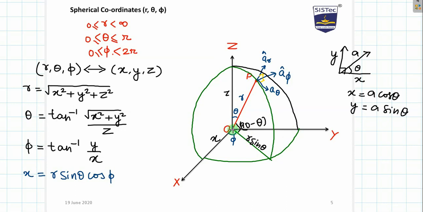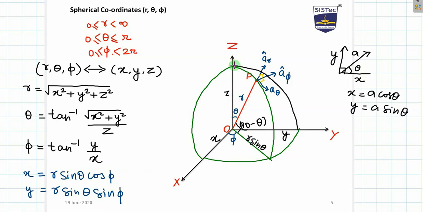If I rotate towards y, this y will be r sin theta, rotated in this direction. So it is 90 minus theta, so it is r sin theta sin phi. So y equals r sin theta sin phi. So this will be your resolution.